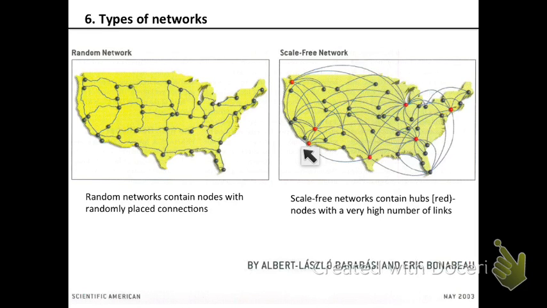And here is another type of network, which is called a scale-free network. So this would be like, what do you call it? Flights, right? So the airplane network across the U.S. would fit this example, because scale-free networks contain hubs, which are shown here in red, with a very high number of links. So a hub example would be JFK, Chicago, or Texas, Houston, or whatever, right?